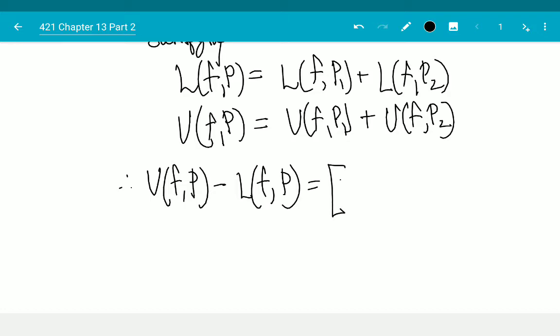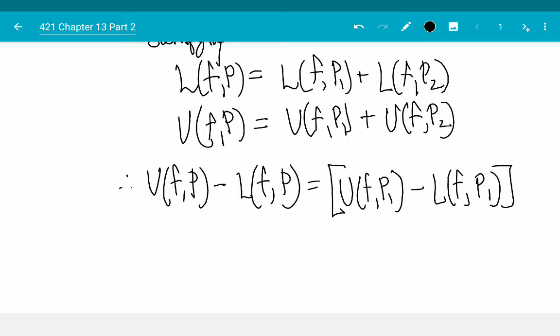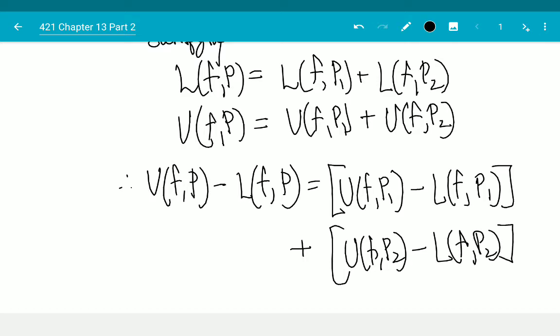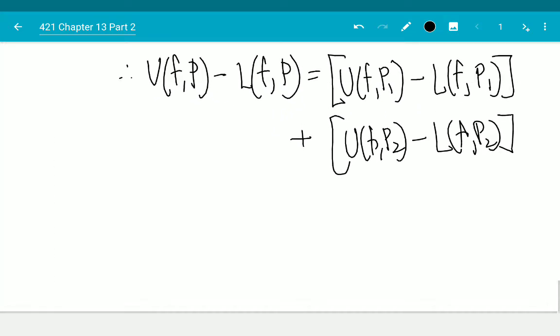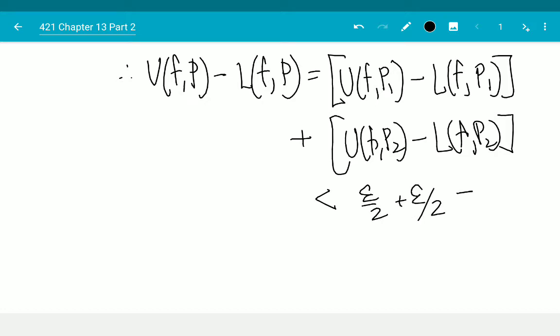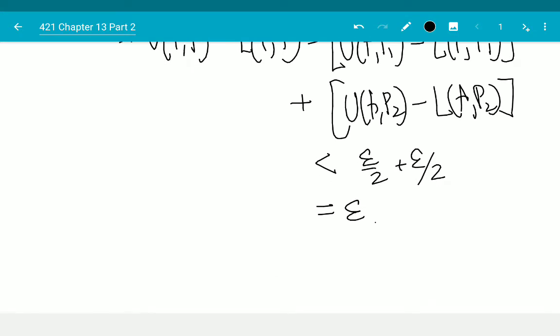So U(f,P1) minus L(f,P1) plus U(f,P2) minus L(f,P2), which is smaller than epsilon over 2 plus epsilon over 2, which is exactly equal to epsilon, right? And therefore this is the exact partition that we wished for.